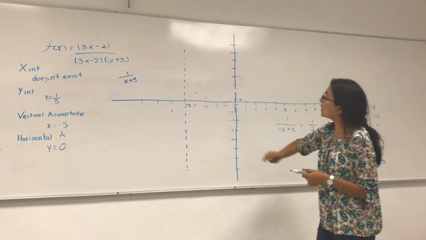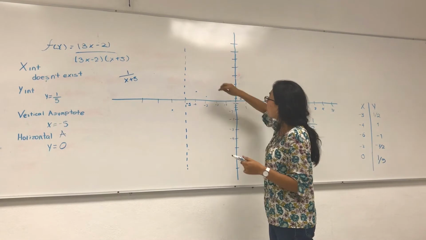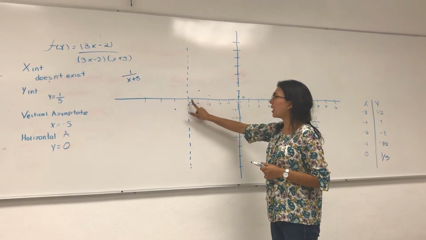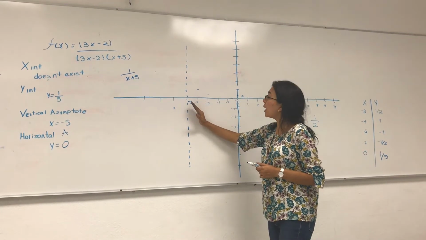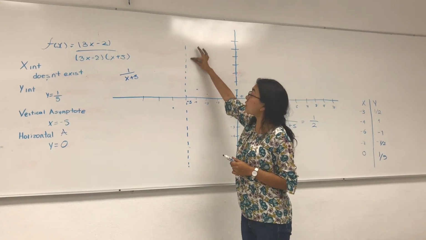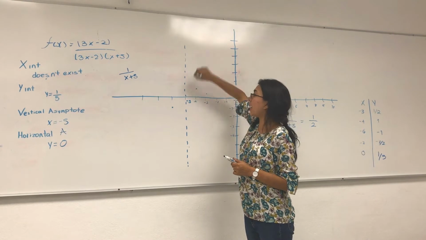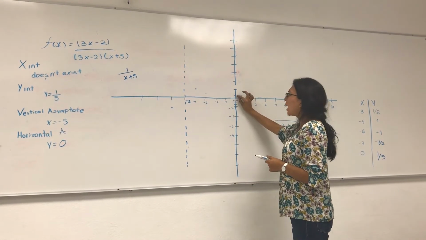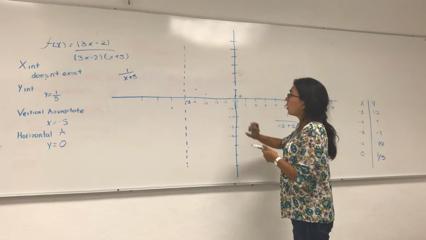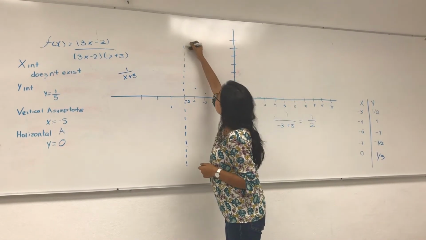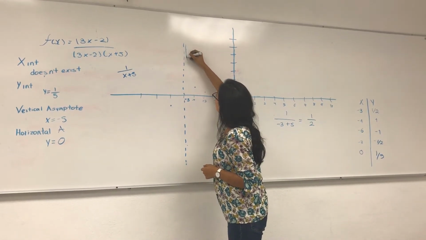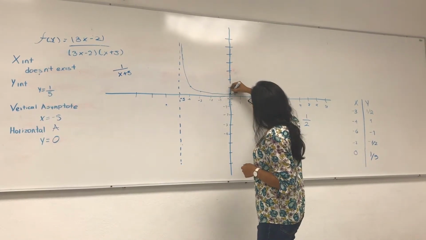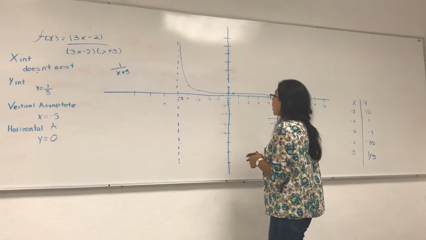So we're seeing that when x is getting closer to minus 5, it's going to try to reach this vertical asymptote, but it will never touch it. And we also know that the graph crosses here, so we can say that our graph does something like this.